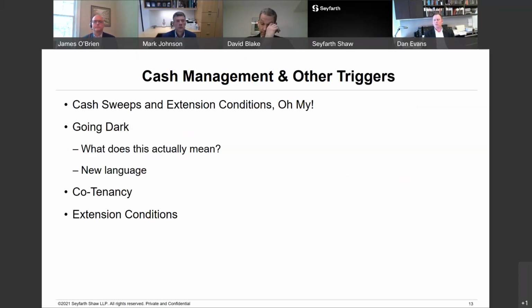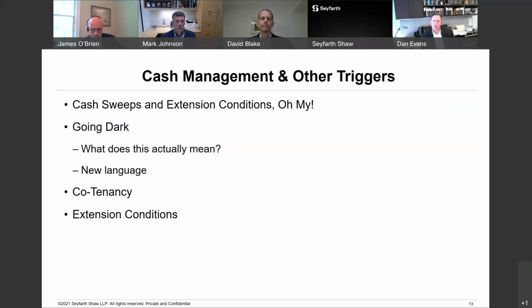So now we get to the clauses part of this segment. COVID really just wreaked havoc on financial covenants. If you don't have tenants paying rent, all of a sudden you might find yourself in a cash sweep.